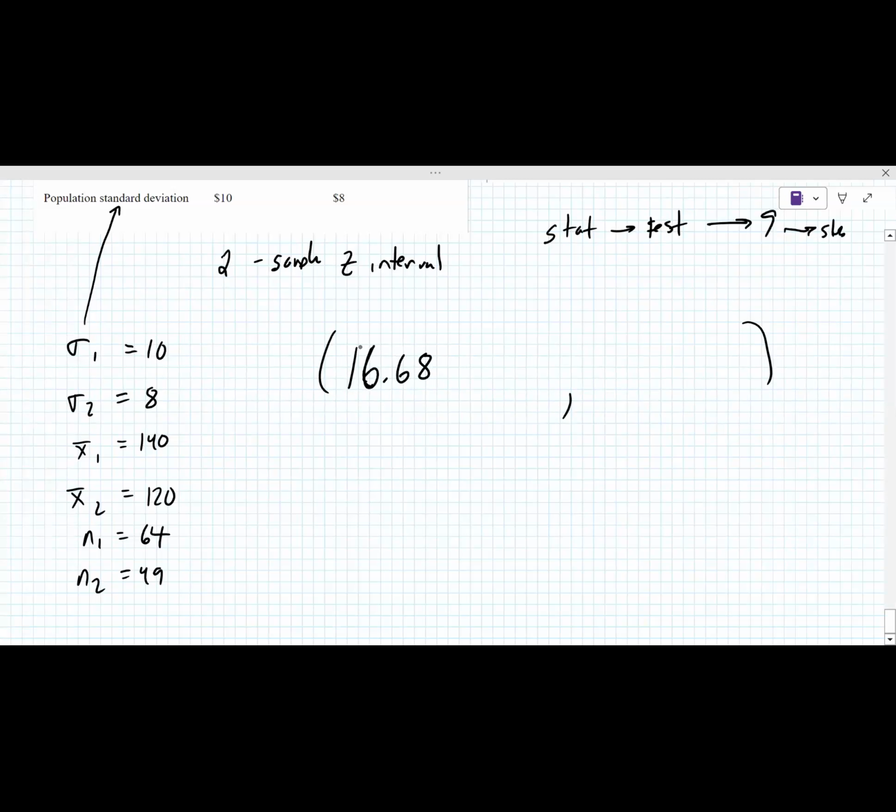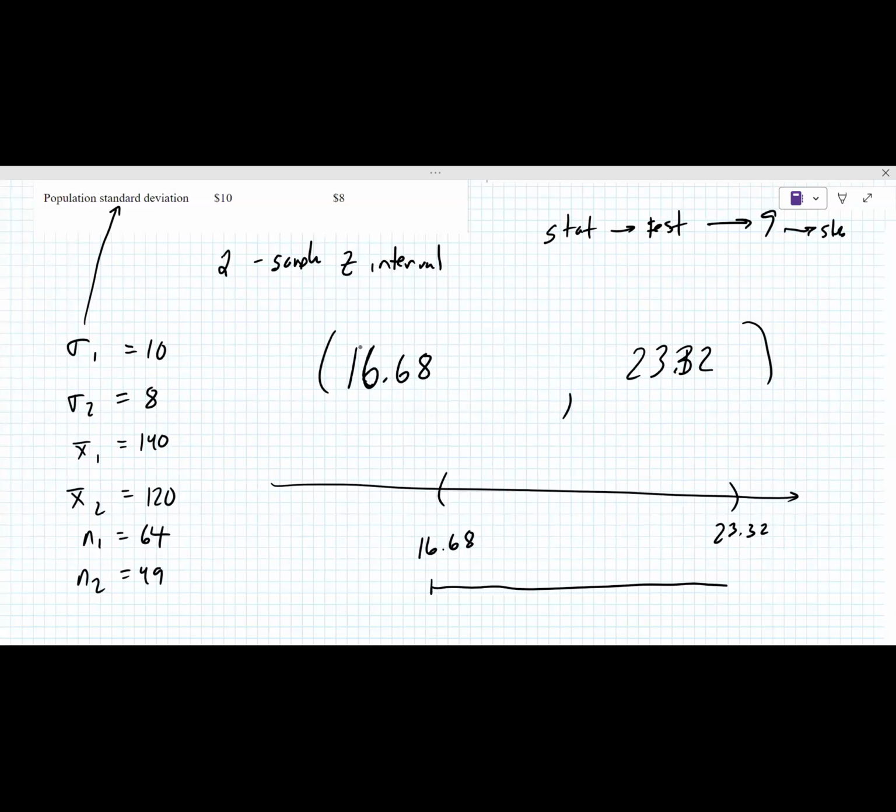Okay, and what's the other number? 23.32. Okay, so the way this works is that if you imagine these are on a number line here, 16.68, 23.32. This is the confidence interval right here called the CI. The margin of error is half of that.